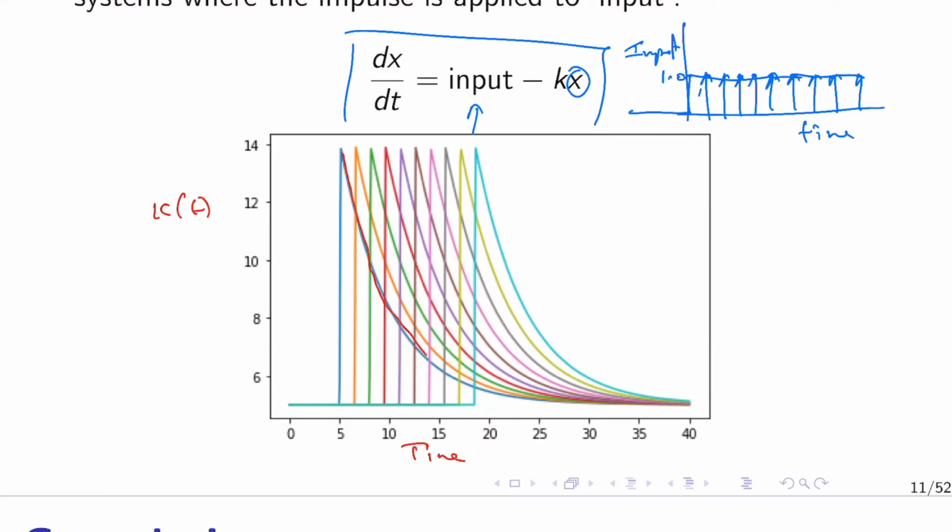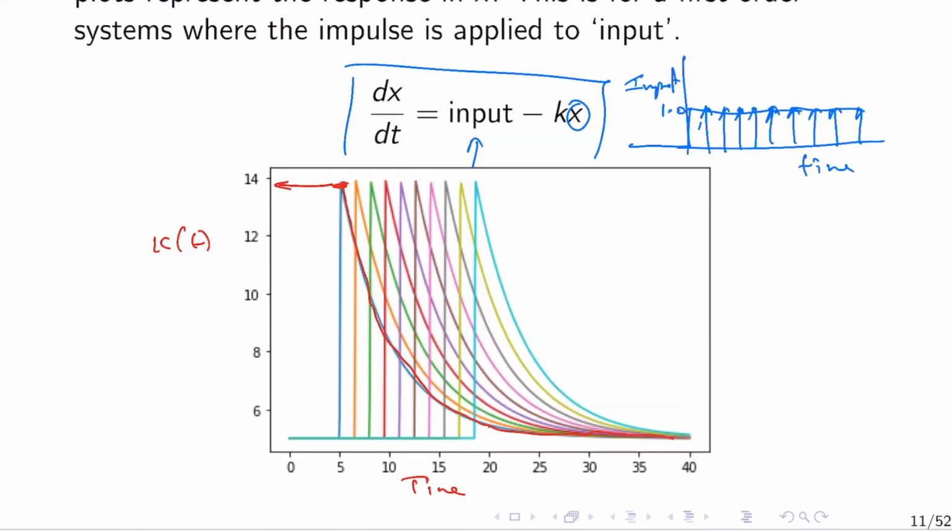You might think it would rise then fall, but it doesn't. It gets an instantaneous value and then falls. Notice it's not at 1, but at roughly 14. So the input gives it a real kick.